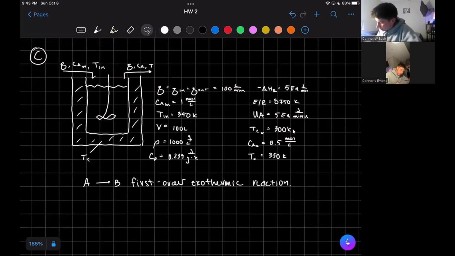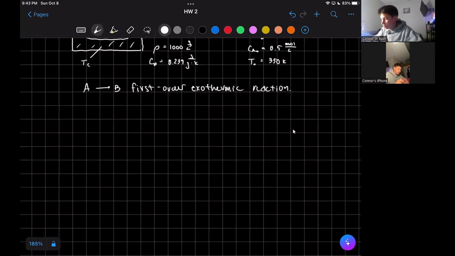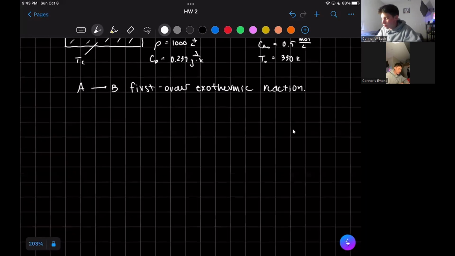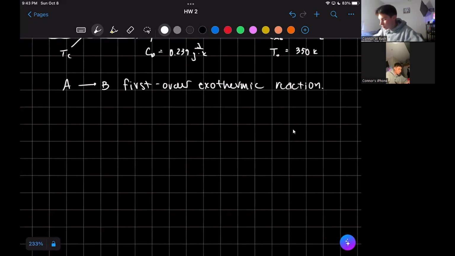So here are some of the parameters that we're given. We need to perform a mass and energy balance for this first order reaction. We're going from reactant A to product B. We're also told that it's exothermic.